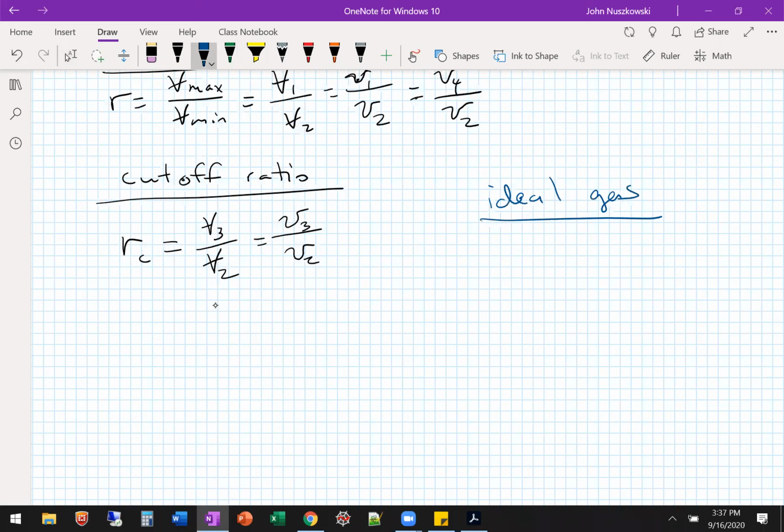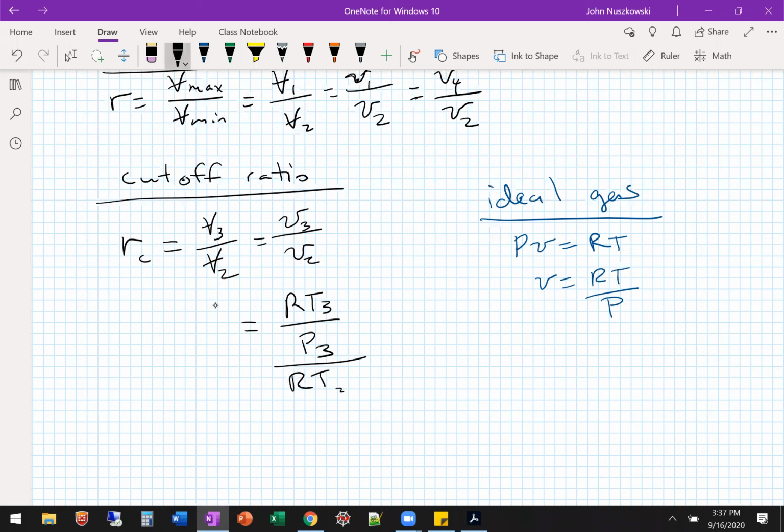Because it's an air standard cycle, there's an ideal gas assumption to it. So we have the ideal gas law, right? PV equals RT, with the specific volume version, v equals RT over P, right? So we can see what that gets us. We have R T3 over P3, and now we're dividing by the specific volume at state 2.